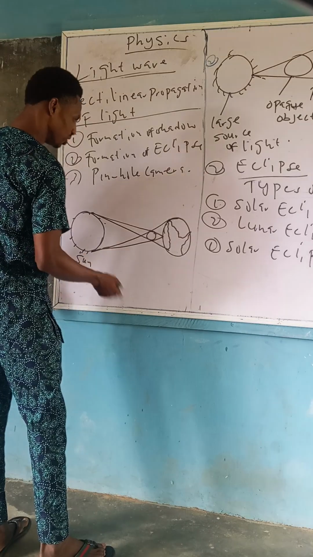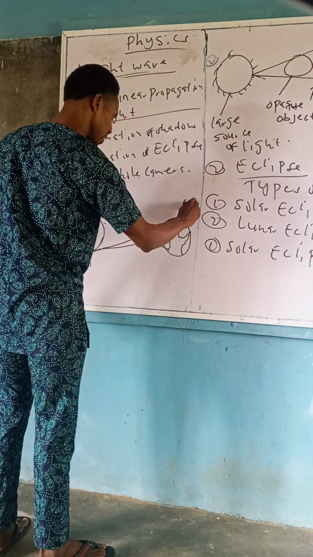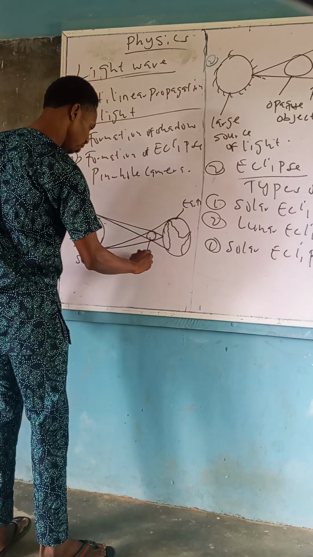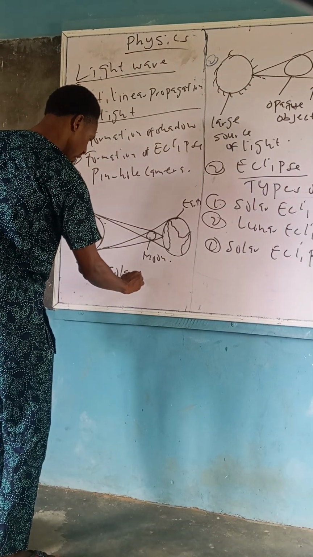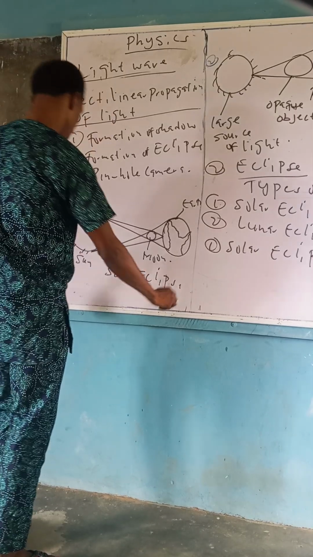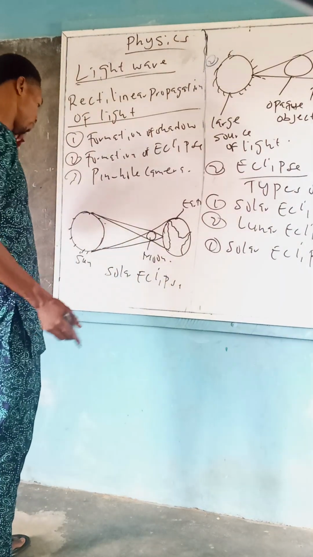Take the diagram: this is the earth, and this is the moon. So this is what is called a solar eclipse. This is the picture of a solar eclipse.